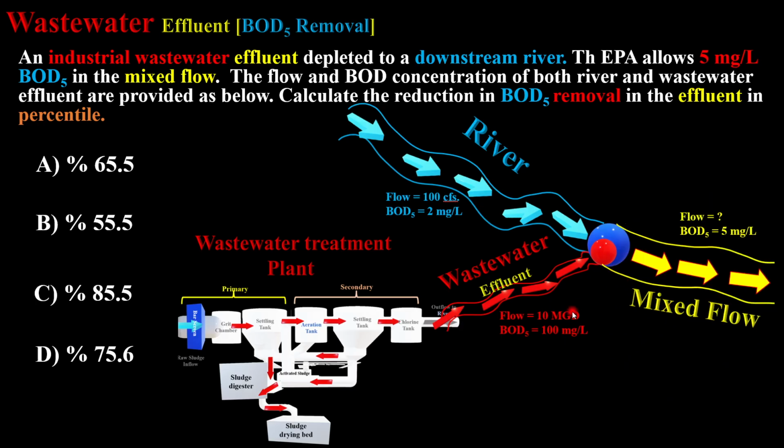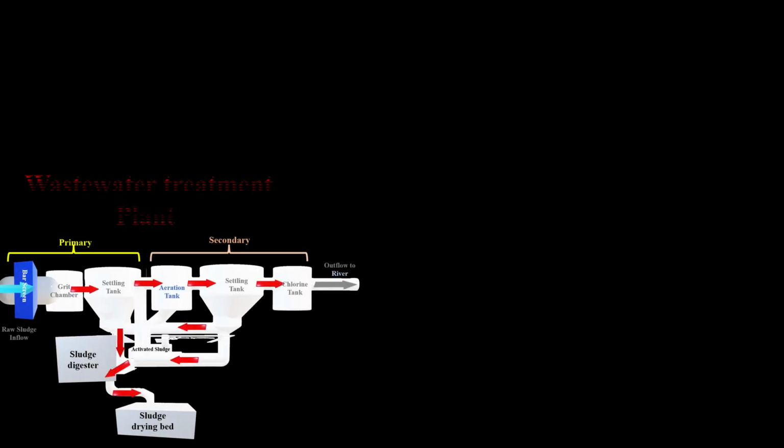So we have to reduce it with screening and the wastewater processes, reducing 100 to a number such that after mixing with the river flow, it gives us 5 milligram per liter. We want to calculate that removal before entering the river.